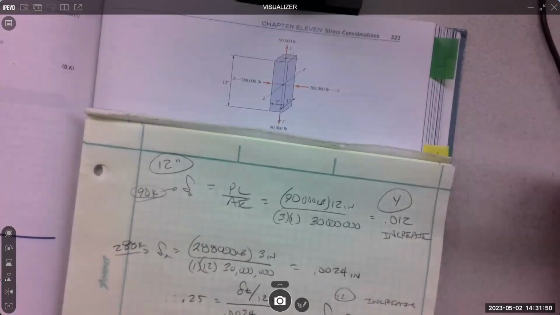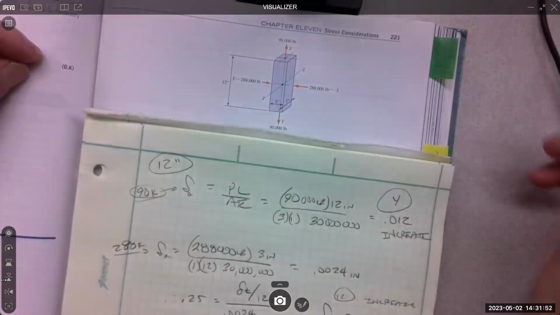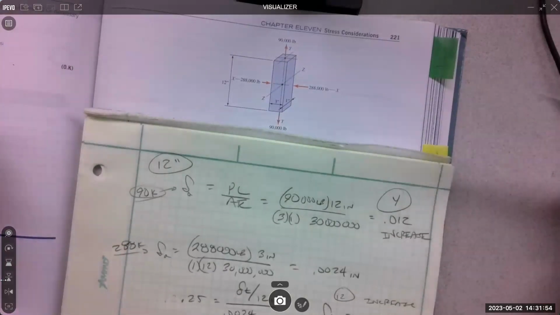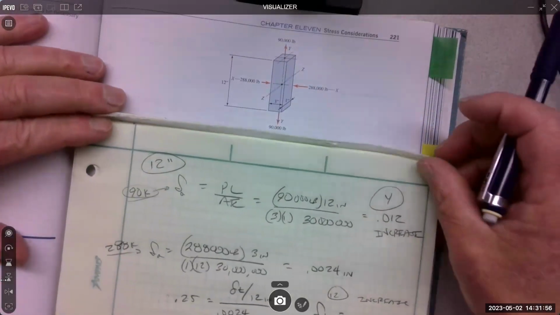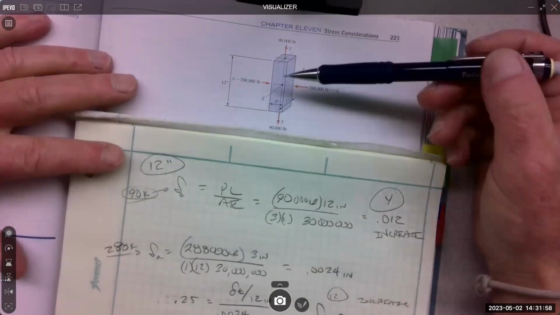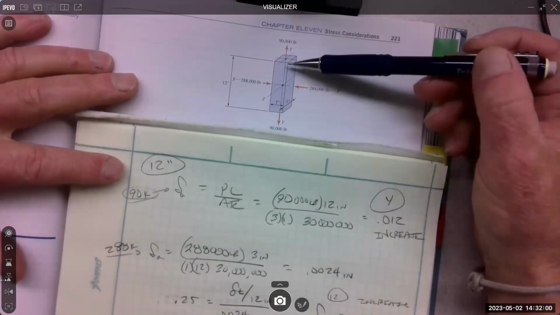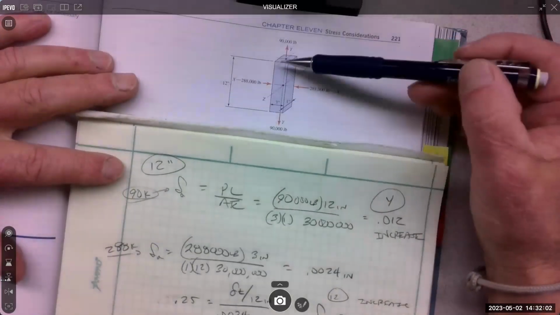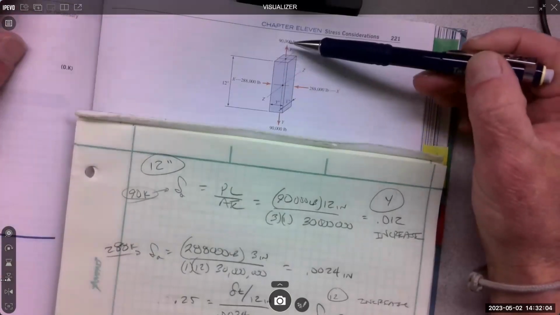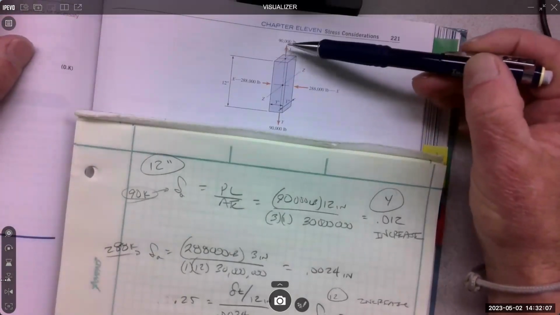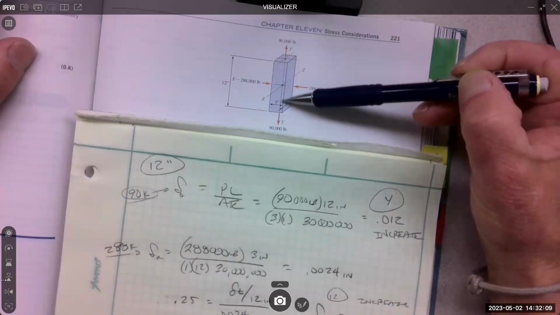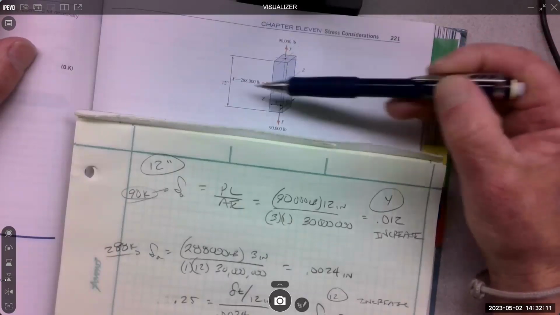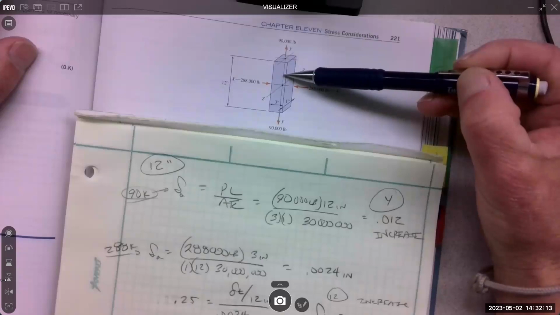Because it's not that difficult, but you do have to keep track of what's happening in what direction. So what I tried to figure out here was the dimensional change of the 12 inches. This 98,000 pound load is going to stretch this thing, so the 12 is going to get bigger.